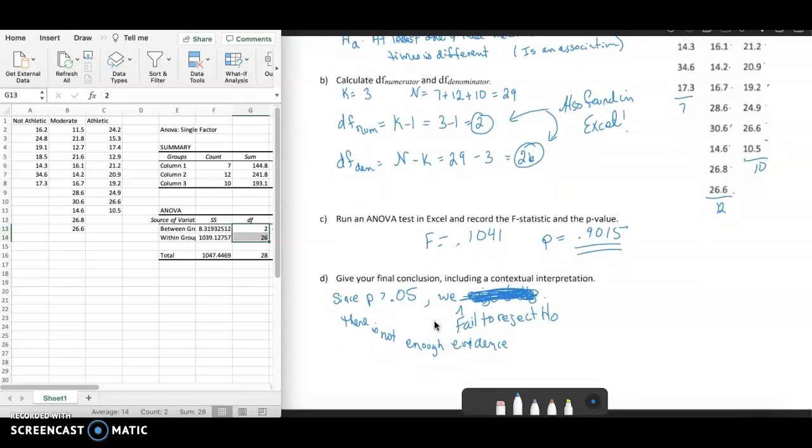So there is not enough evidence to conclude that there is any association between mean reaction time and athletic level.